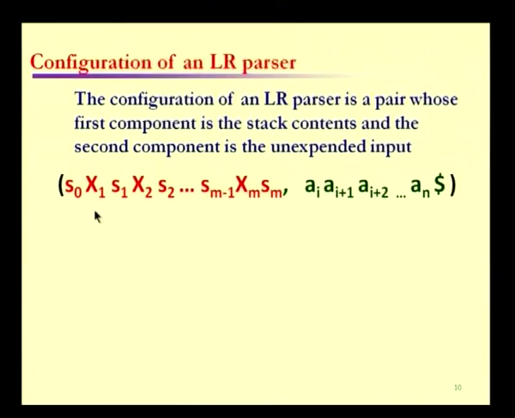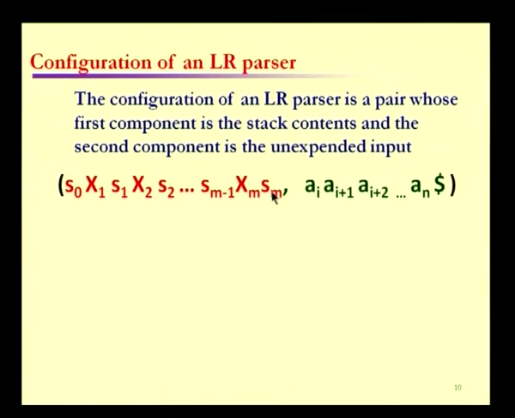If you are not able to reach that particular configuration, then we can declare an error, saying that the parsing has failed. So, the components are, we can see that there is a state called S0, that is the starting state of the entire recognition process, then followed by a grammar symbol called X1, then once again we have another state called S1, then X2, S2, and finally it is going to be Xm and Sm.